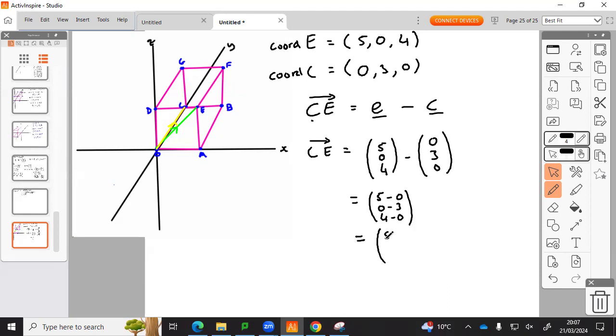I'm going to get 5, -3, 4. That describes the journey from point C to E. Is that the magnitude? No, that's the vector to go from C. That describes the journey from C to E. All right, so that's the direct route.